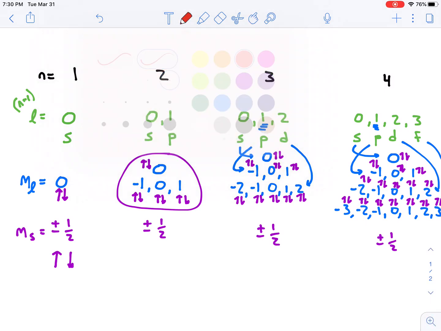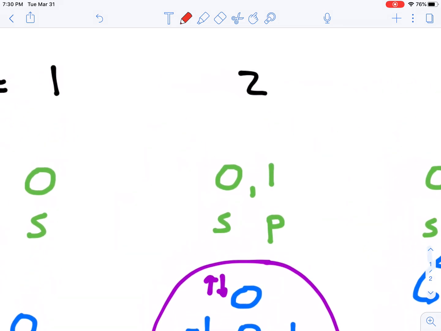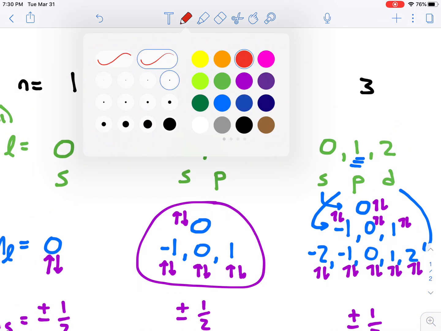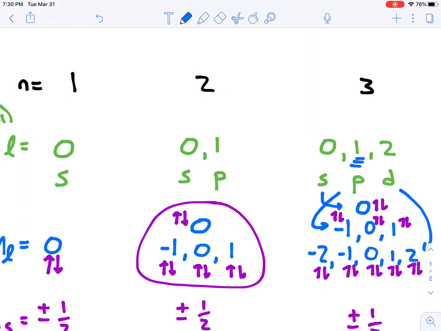In terms of orbitals, we'll make that blue because that is the M sub L level. There are a grand total of 1 orbital, so I'll call that O. That 1 orbital can hold 2 electrons, so that's 2 of these.